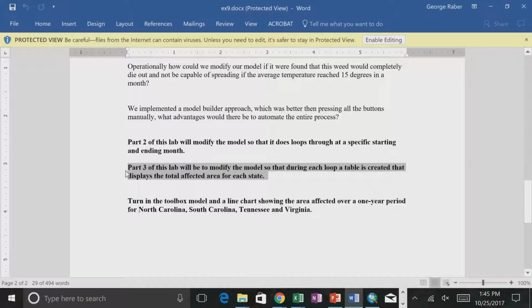We want to create a table that is going to give the total affected area for each state each time through the loop. We're going to modify the model to do that. So what you need to do is think about what tool would do that. How would you do that? Think about states as something.